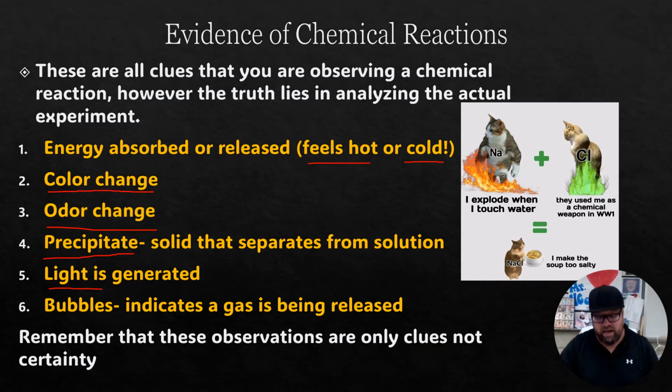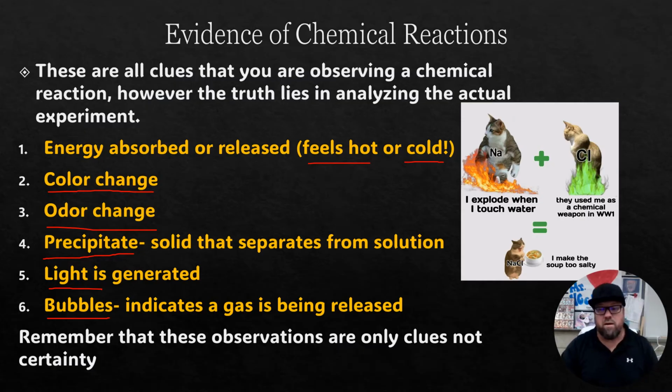Light. Okay, when we burn the paper, you could see the light. Photons were emitted from the breaking of old bonds and forming of new ones. So light being generated is a good piece of evidence that you're observing a chemical reaction. And then what you're going to see a lot in this class, bubbling. If there's bubbling, like let's say you mix a liquid with a powder and it starts to bubble, it's usually an indicator that a gas is being produced and released.